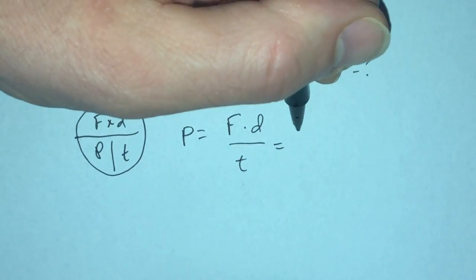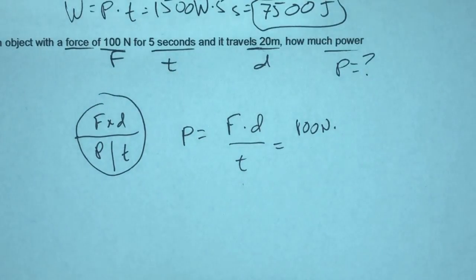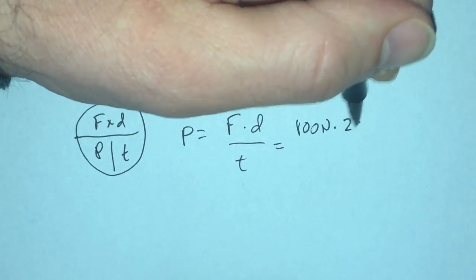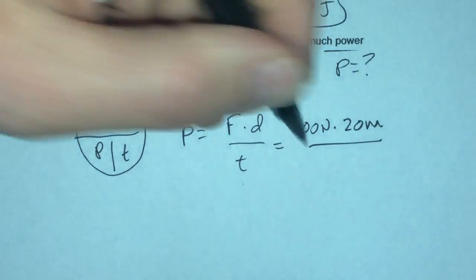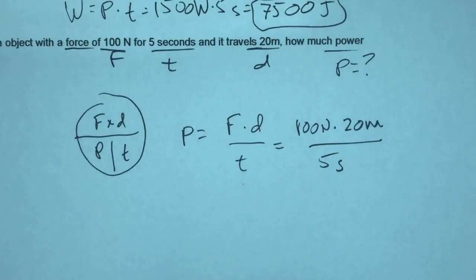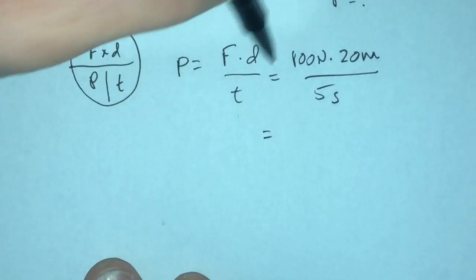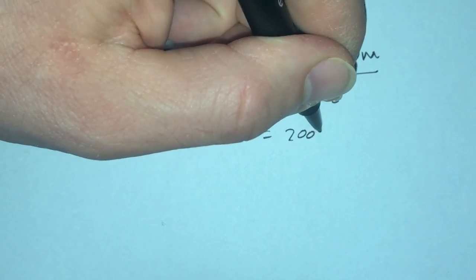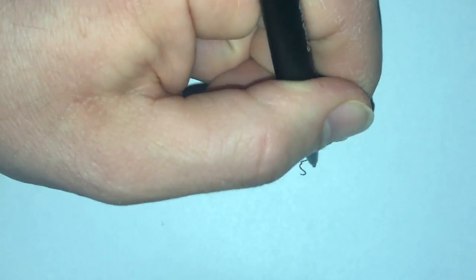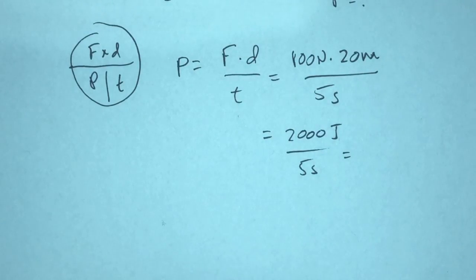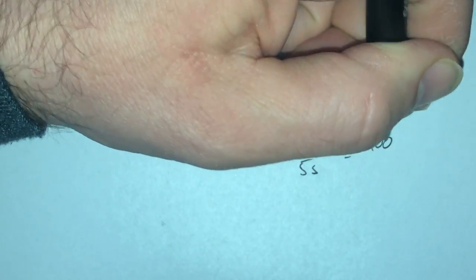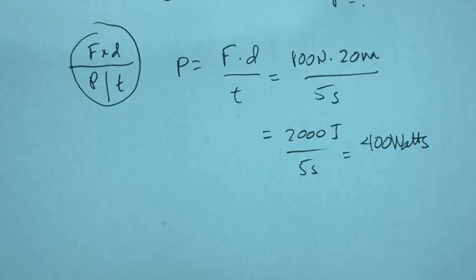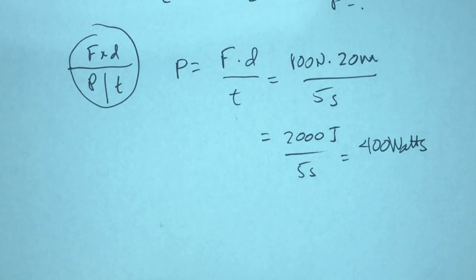So 100 newtons times 20 meters over 5 seconds. 100 times 20 is 2,000 newton meters, that's a joule, over 5 seconds. And that equals 400 watts. All right, that's it.